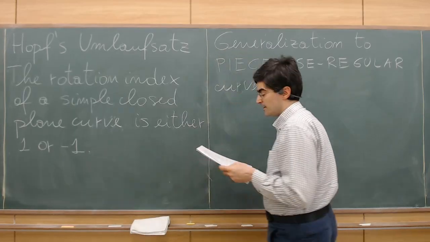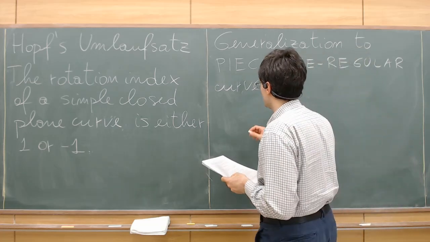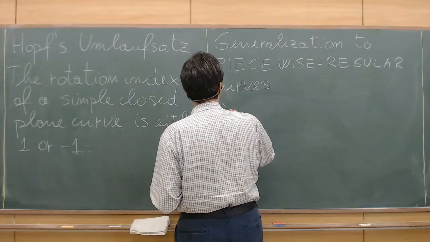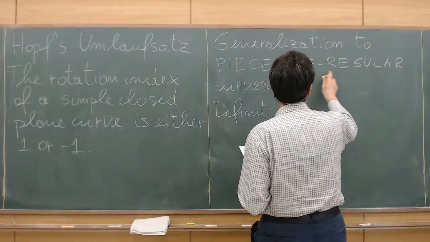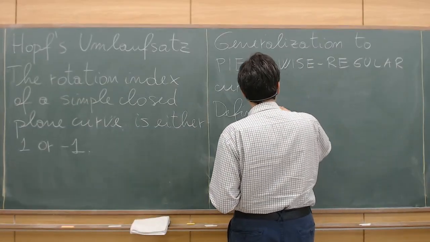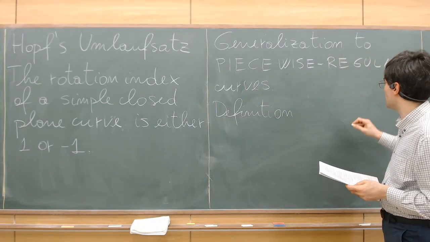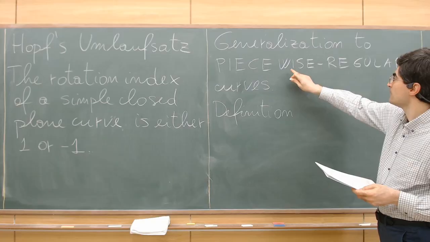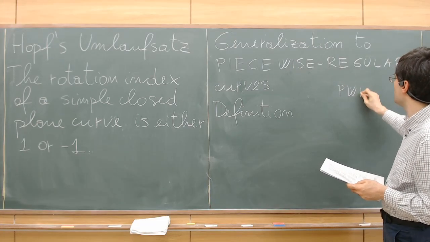In order to do that, I need several definitions. So the first one is the definition of piecewise regular curve, and in the sequel I will use the following acronym. I will write, instead of piecewise regular, PWR.